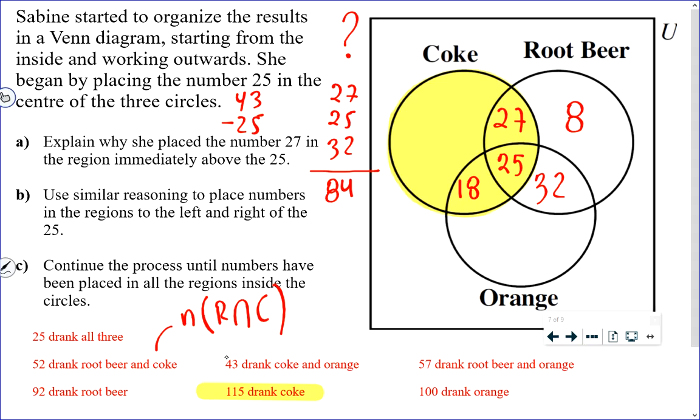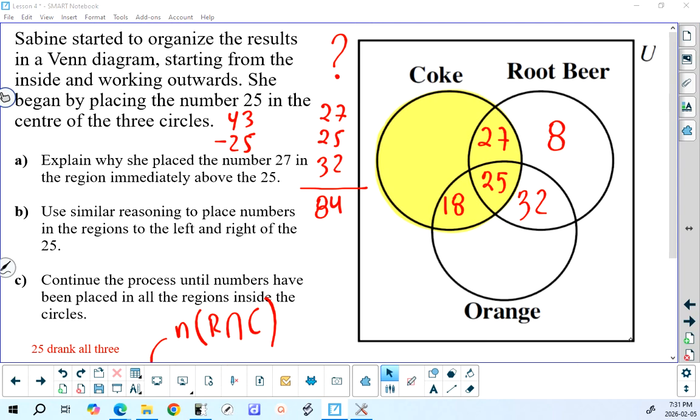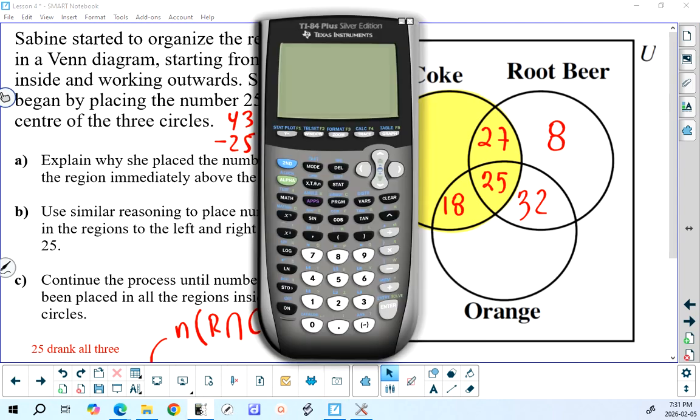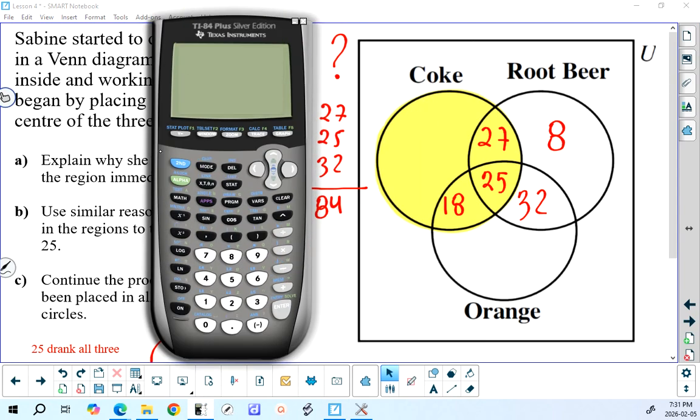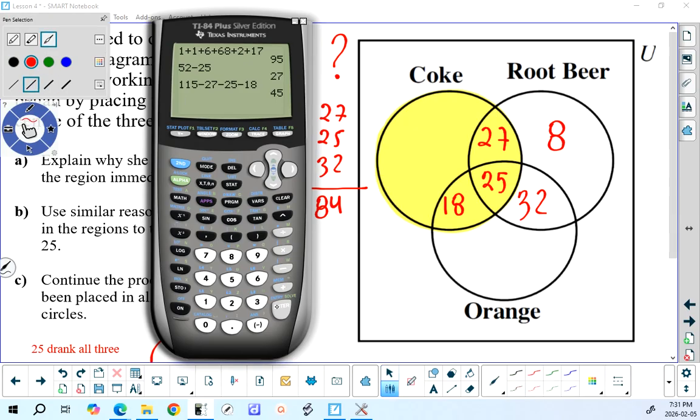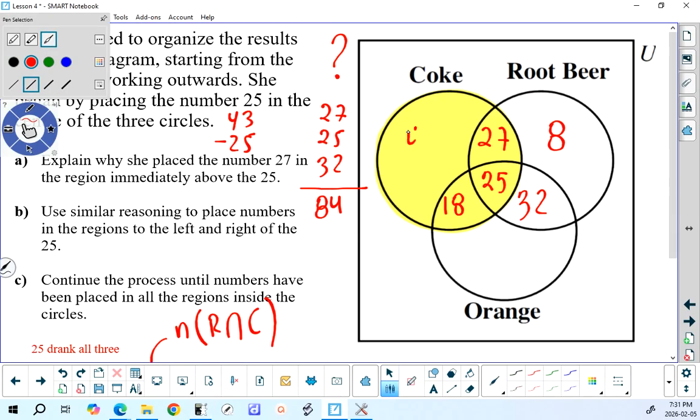So, you take your calculator. We take 115, which is the total that should be in the Coke set, and we can subtract the 27, and we can subtract the 25, and we can subtract the 18, and we get 45. And I know it may seem odd to do this, but now even though we just did it by subtracting, add those four numbers together, do you get 115?